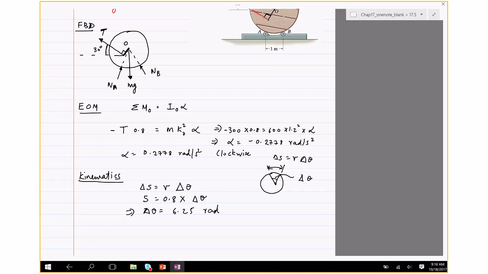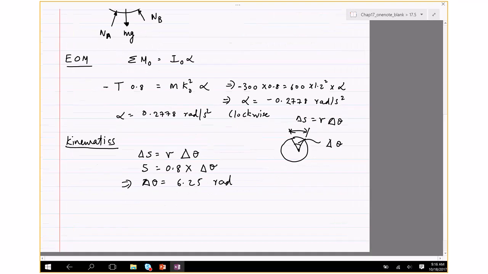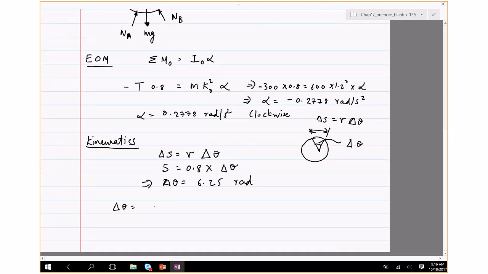There are three formulas: v square equals u square plus 2as in the linear world, v equals u plus at, and s equals v0 t plus half a t square. You have to find the analog in the rotary world, so it's delta theta equals omega 0 t plus half alpha t square.